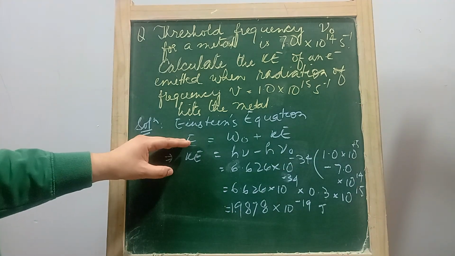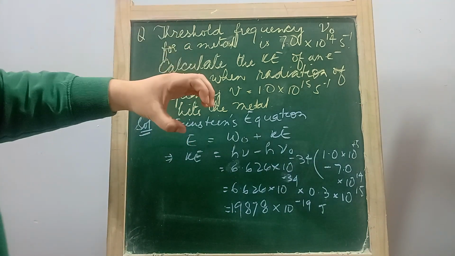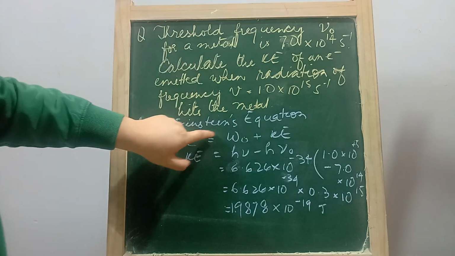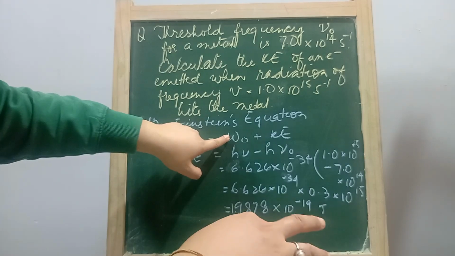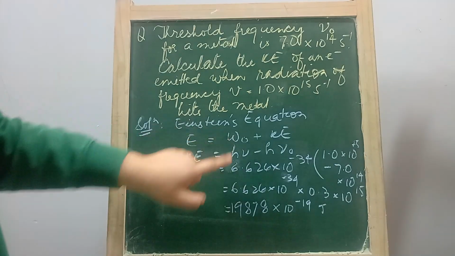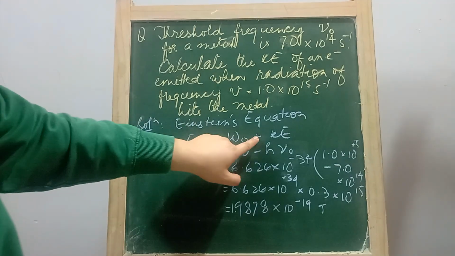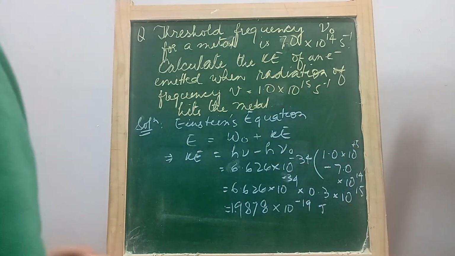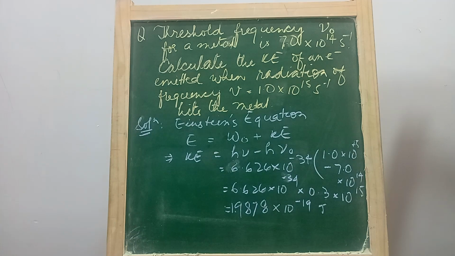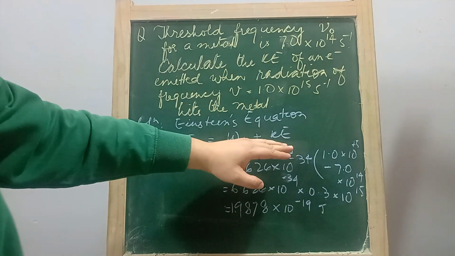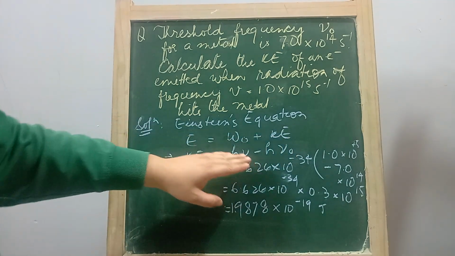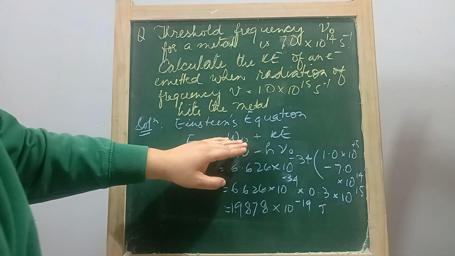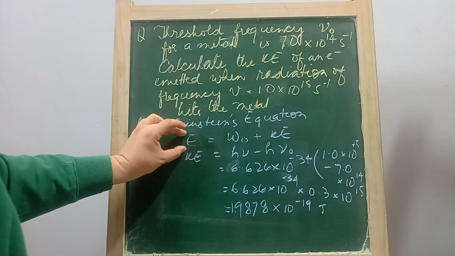Whatever energy is possessed by one photon will be utilized to remove an electron, for which a minimum frequency is required, and the remaining energy will be manifested in the form of kinetic energy of the electron. So to calculate the kinetic energy, we need to subtract the work function, the minimum energy required, from the total energy of the photon.